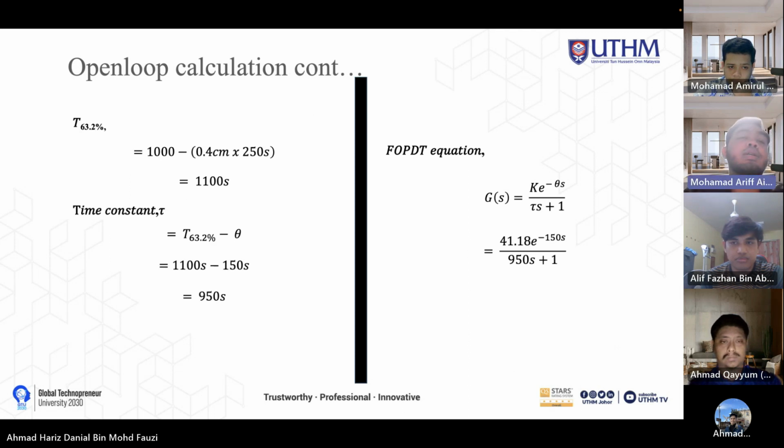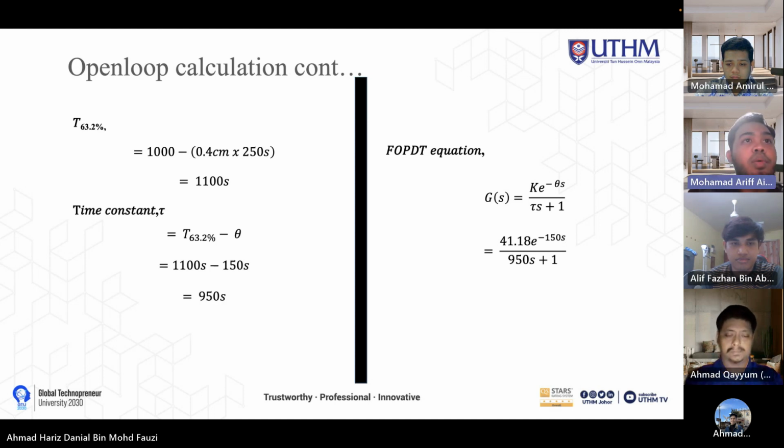Next, we need to obtain the time period for 63.2%, and from the graph we obtain the value for the time period for 63.2% is equal to 1100 seconds.